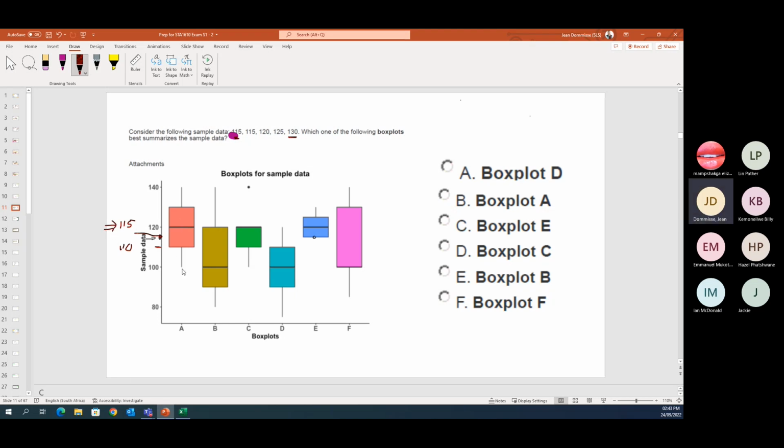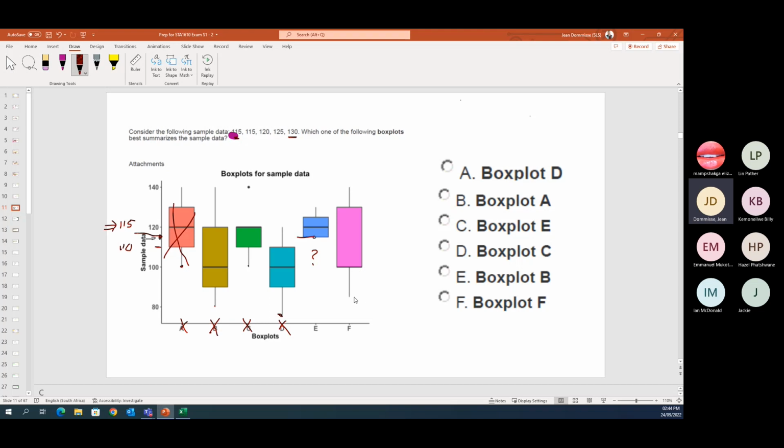Okay, so let's look. Minimum here, 100, so it can't be this one. So A is not an option. Minimum here is 80. Okay, so B is not an option. Minimum with this one, 100. Remember, it's 115, so C is not an option. D minimum, that's probably around 75, not an option. Okay, let's see. Looks like that can be 115, so might be an option.